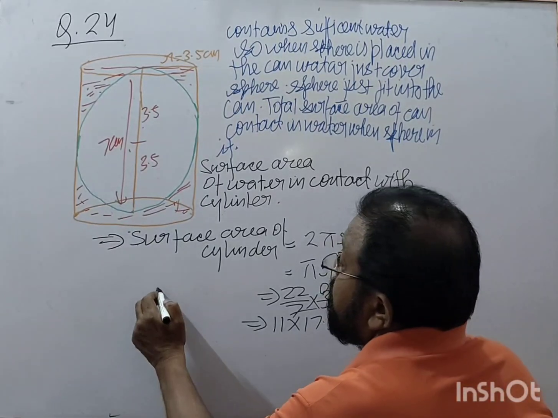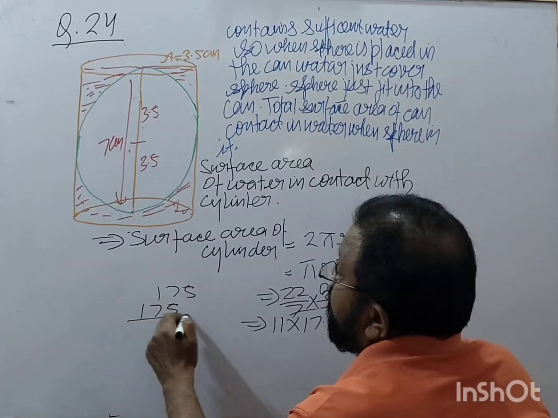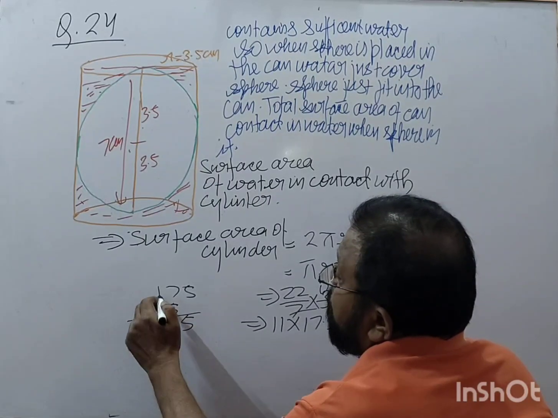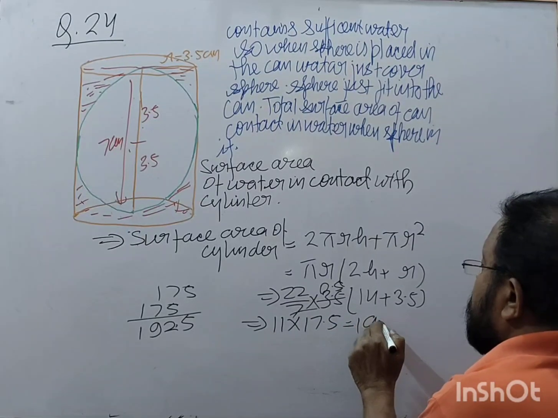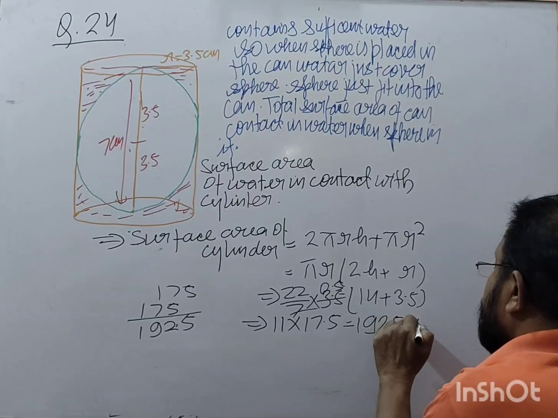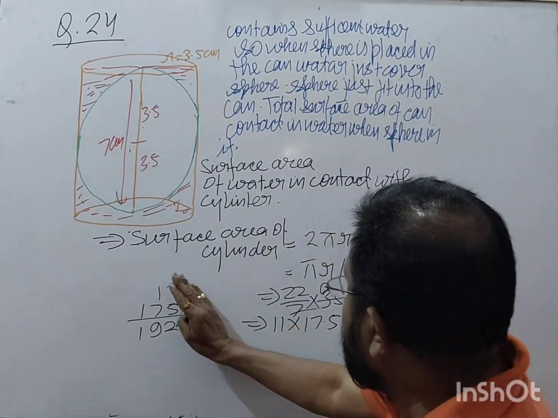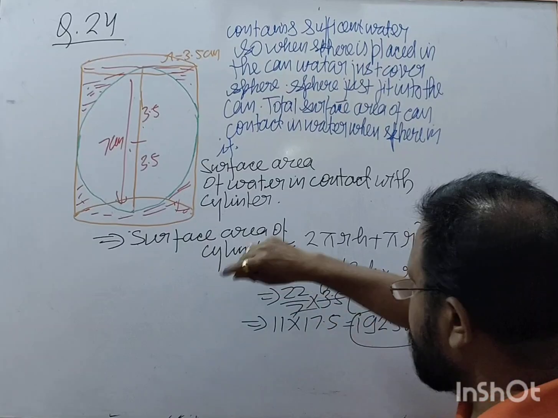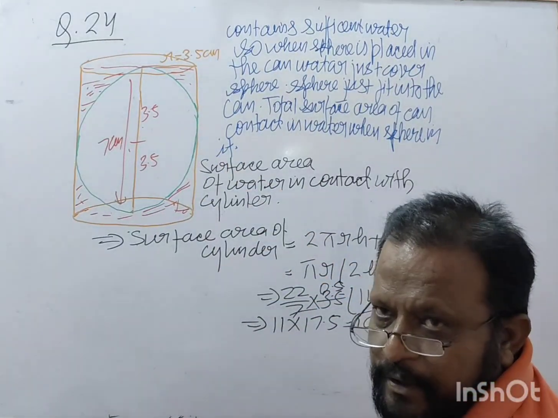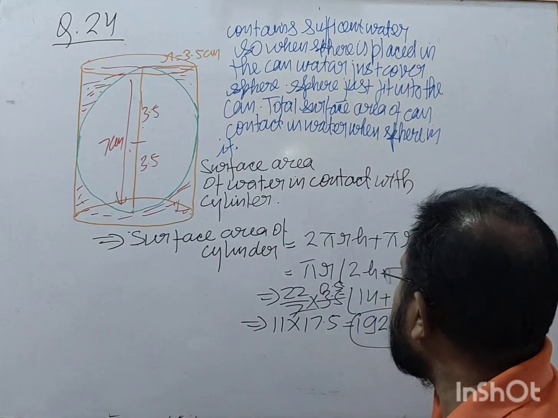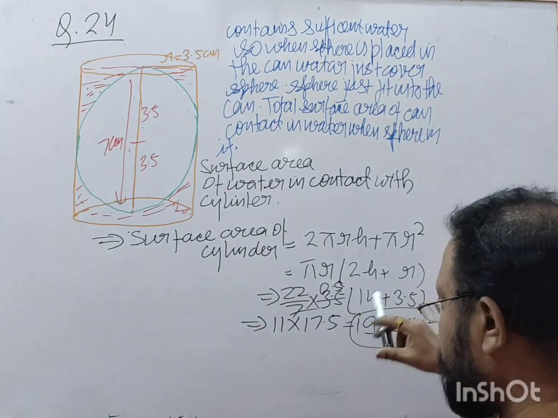So 17.5 into 11 is 192.5 centimeter square. This is the area, right? The surface area of water in contact with the cylinder is this much only. There is no need of the sphere, right? This is because the upper surface of the cylinder is not in contact, so it is pi r square.